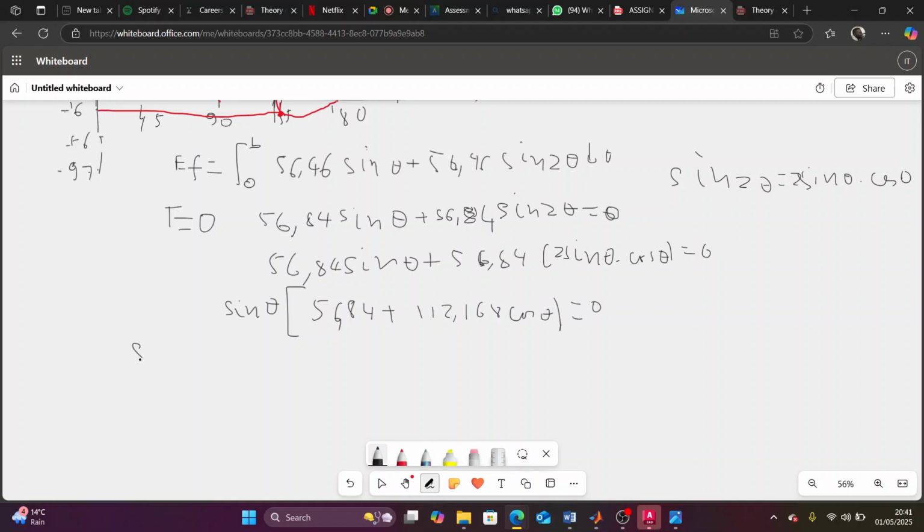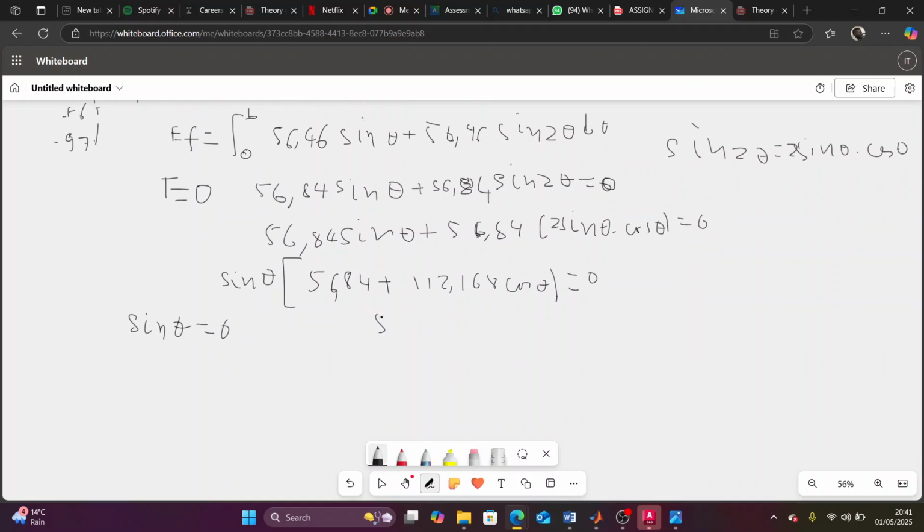So we have the first where we have sine theta equal to 0. We have the second equation, which is 56,84 plus 112,168 cos theta to be equal to 0.